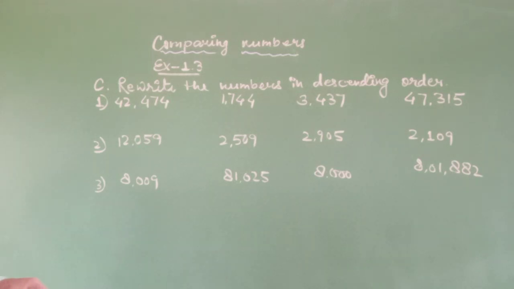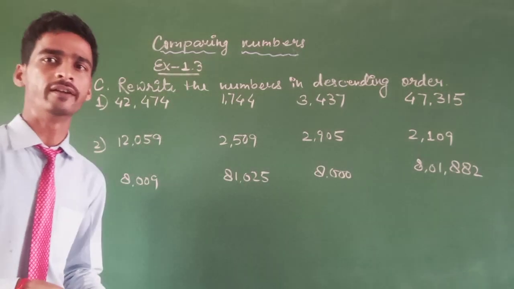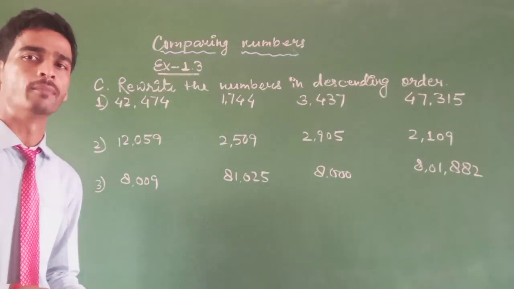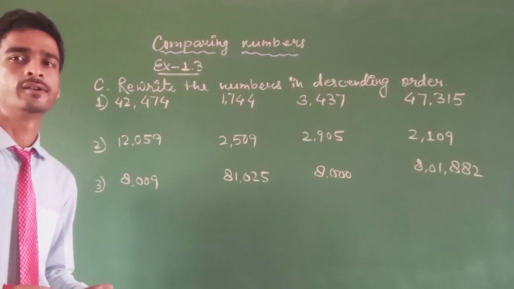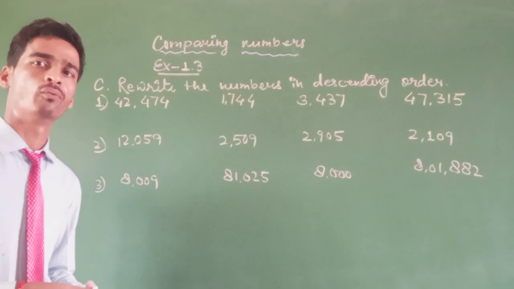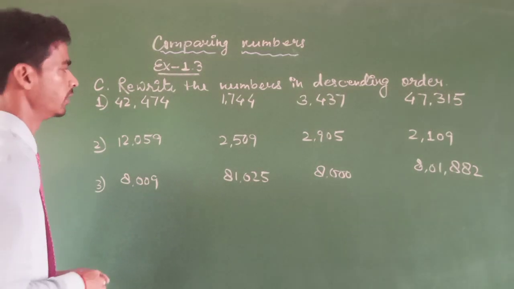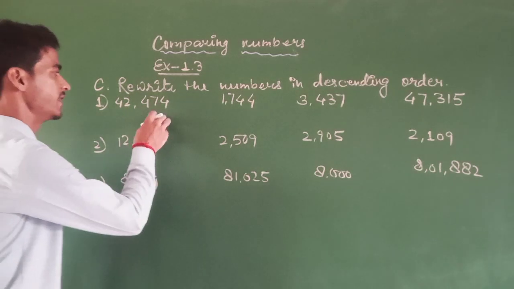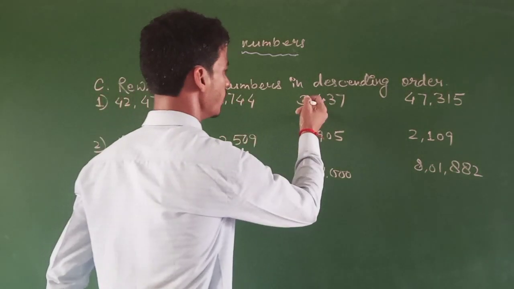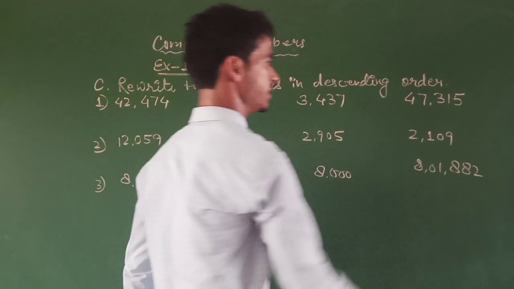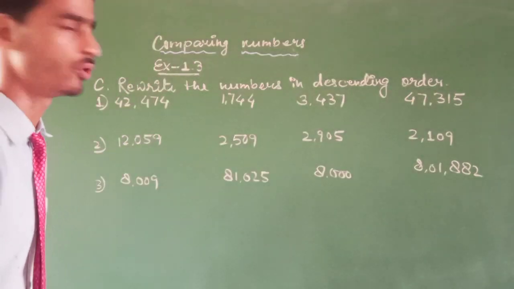Now the next question is rewrite the numbers in descending order. You know that descending order means order of numbers from greatest to smallest. The first question is 42,474, 1,744, 3,437, 47,315.